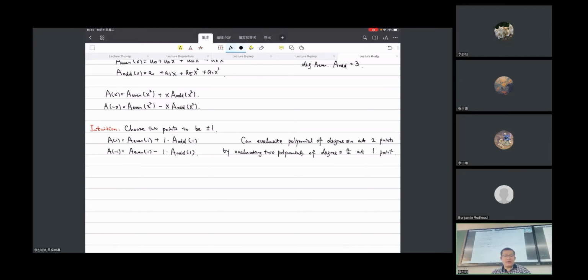For both A_even and A_odd, it suffices to know the value at 1. Only knowing A_even(1) and A_odd(1), we can get the values of A(1) and A(-1). So this is really quite interesting.